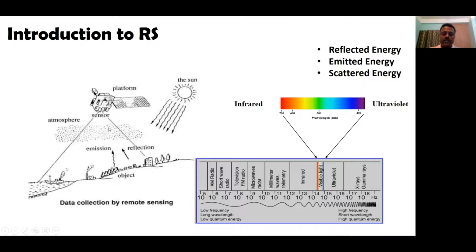Again, there are other sensors. For example, we can put a sensor on board a ship, or we can even put a sensor on board a hot air balloon, which we can let fly into the atmosphere and then engage these sensors in the process of data collection.